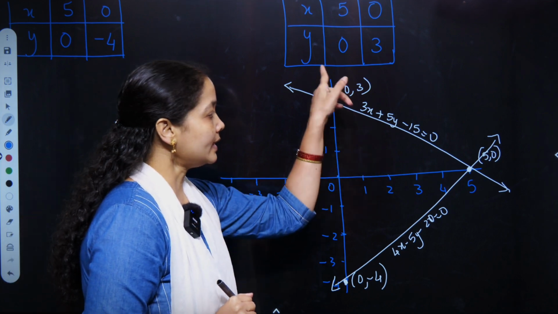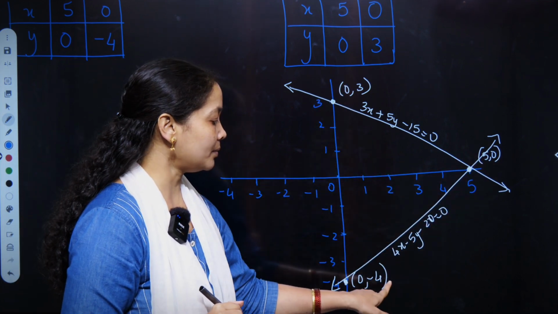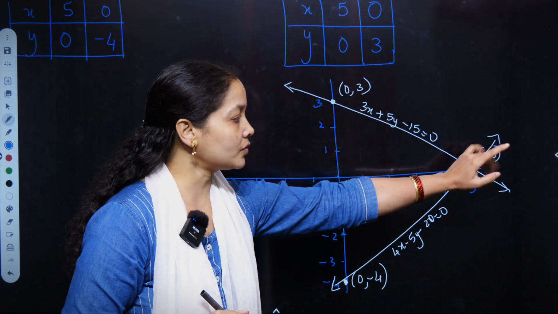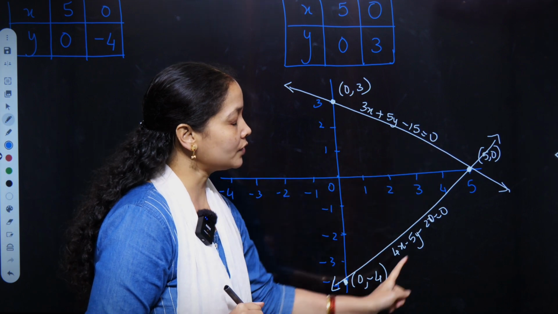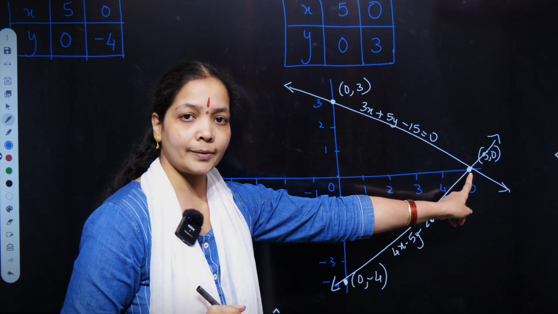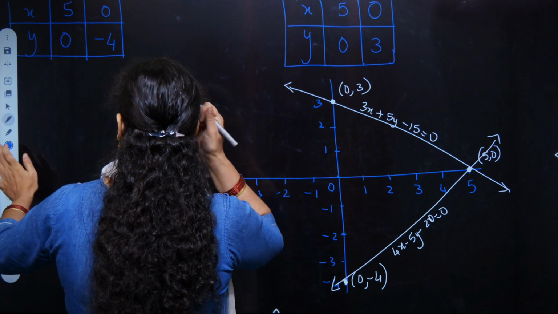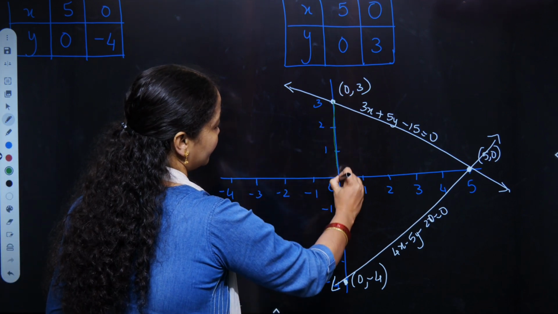When I took the x and y axis and marked (5, 0), (0, minus 4) and (0, 3), I could see that the point of intersection of the graph was exactly at (5, 0).